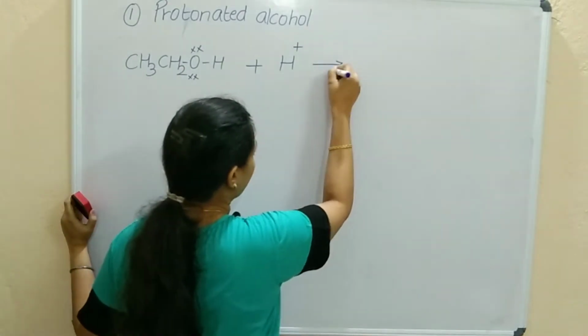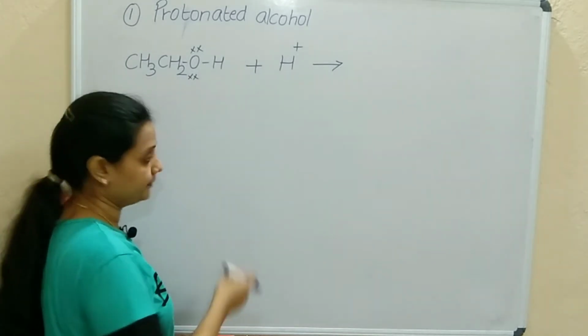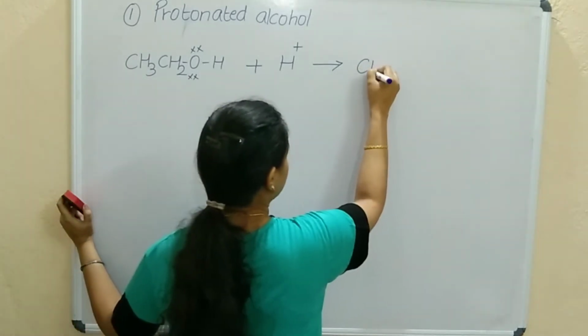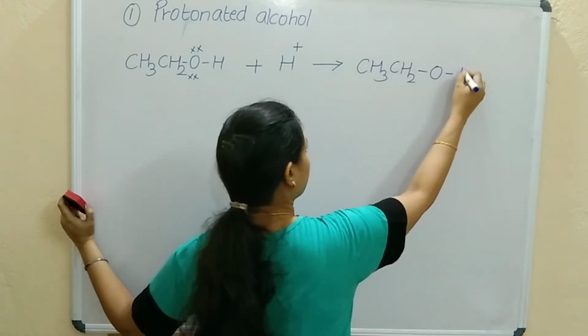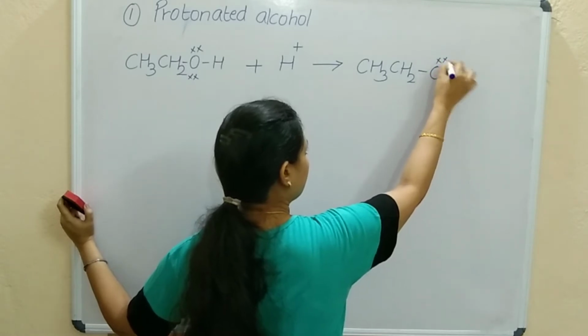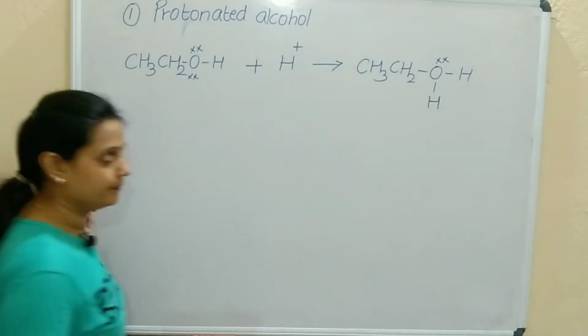So what will it form here? This H plus will attach to the oxygen lone pair, so it will form CH3CH2OH, where one lone pair remains as it is and hydrogen has attached.